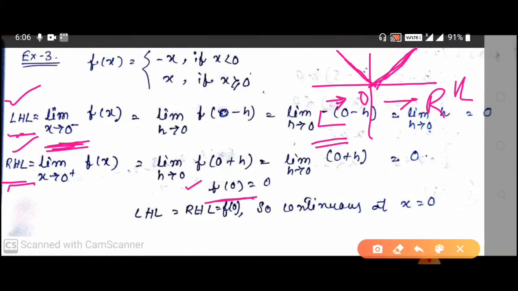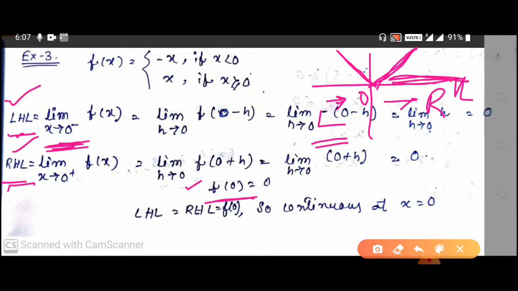Right hand limit is right side of 0. Whenever we take a value on the right side of the 0, the value is more than 0. That means on the right side of the 0 we will get 1, 2, 3 in this way.